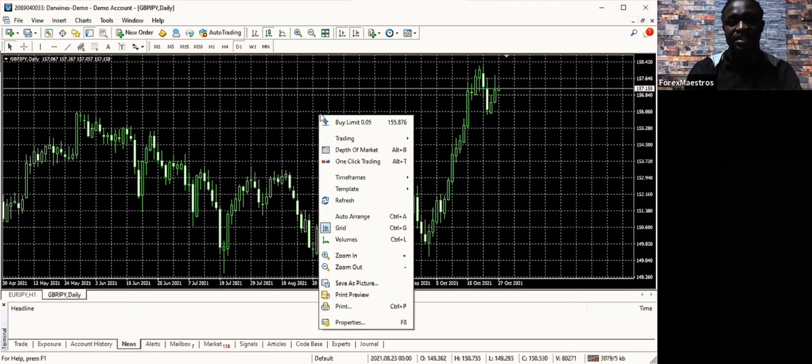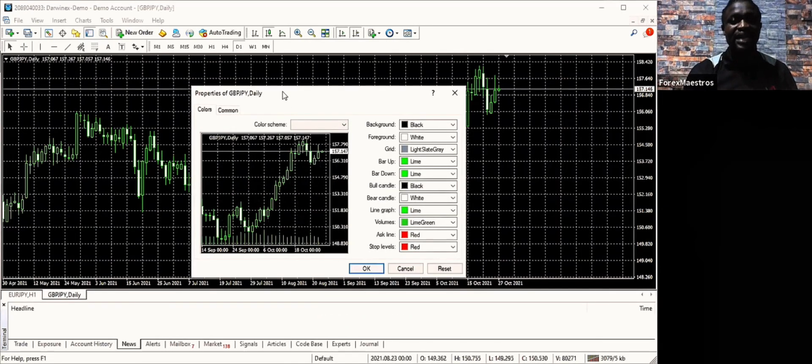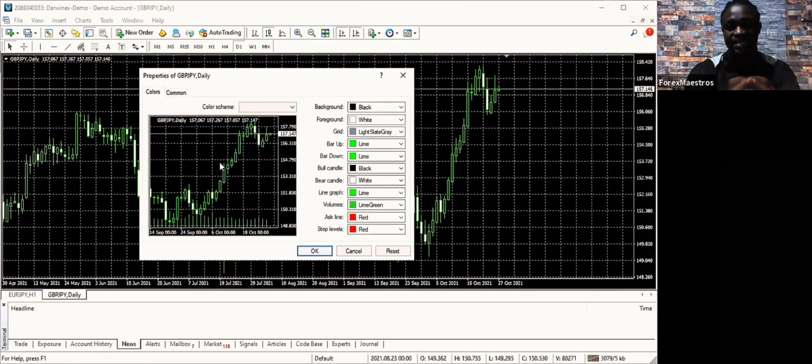When you right click inside the chart, you'll see buy limit, trading, depth of market, and all of that. Just scroll down to the last thing you see there, which is properties. All right, properties. If you click on properties, it brings out a dialog box showing you your chart. I'm sure you can see the chart here.